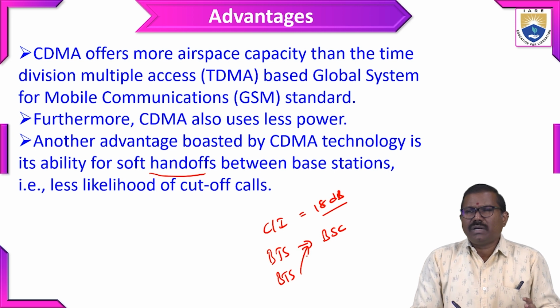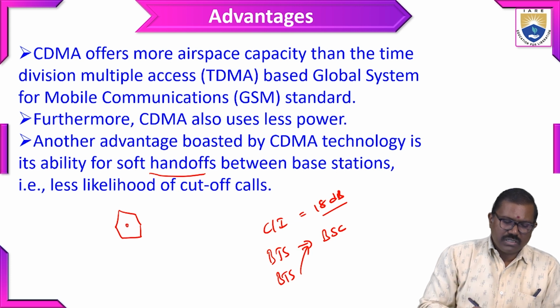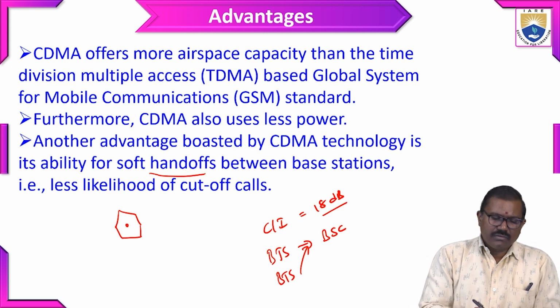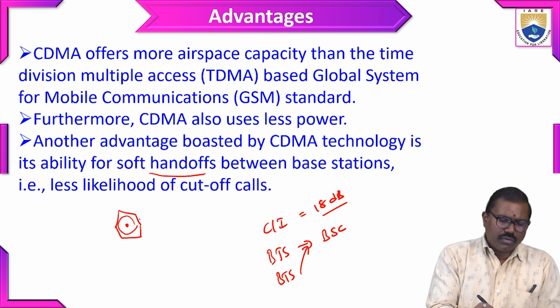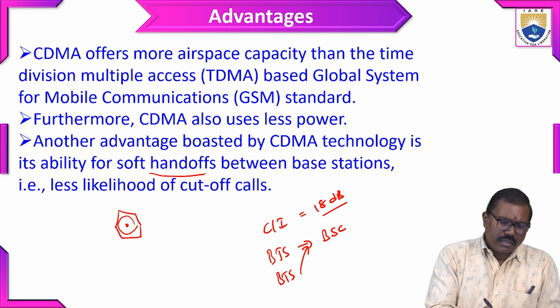BTS is nothing but cell towers. It's just like this: this is my cell, and the center one is the cell tower. The user may rotate around this cell and can move from one cell to another cell.